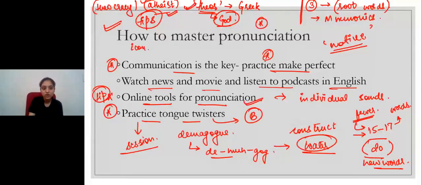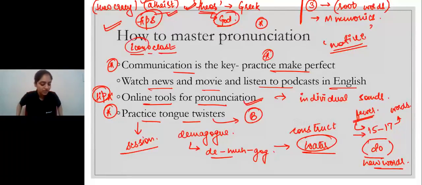There's this word iconoclast. When I write this word iconoclast, I always write it as icon o clast. Why do I write this word like this? Who are the icons that we follow? Icons are somebody whom we admire.